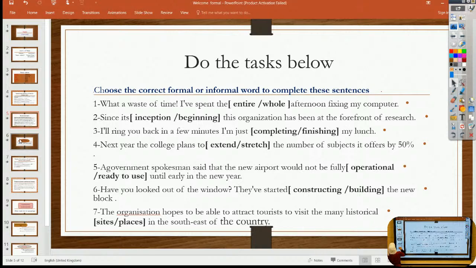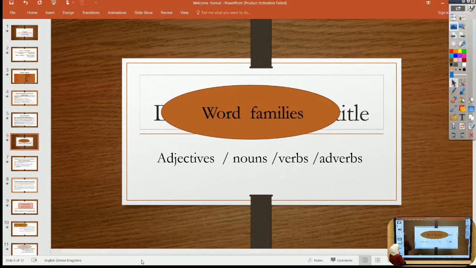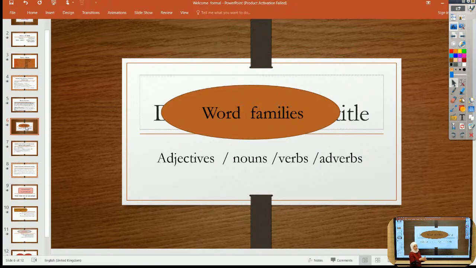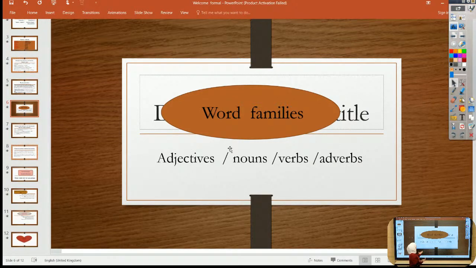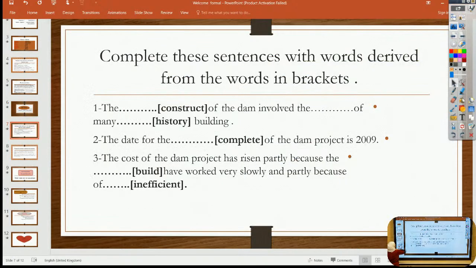Now, let's move. Here, we'll move to another idea, word families. Here, also, in this exercise at the final exam, you will choose which is the suitable word, adjective, noun, verb, okay, according to the meaning and what suits the sentence. Here, complete these sentences with words derived from the words in brackets.